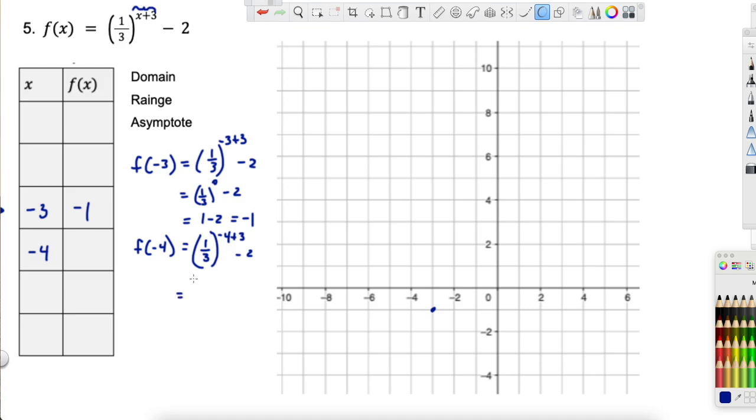So -4 plus 3 is -1. I want to make this a positive exponent, so I take the reciprocal. 3 minus 2 is 1. Okay, so -4, 1.